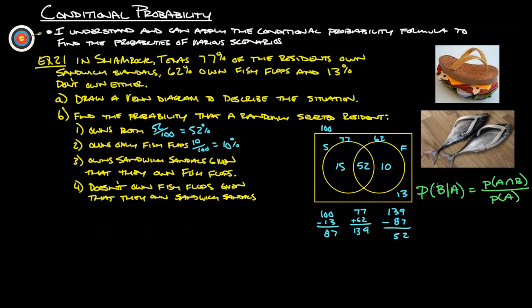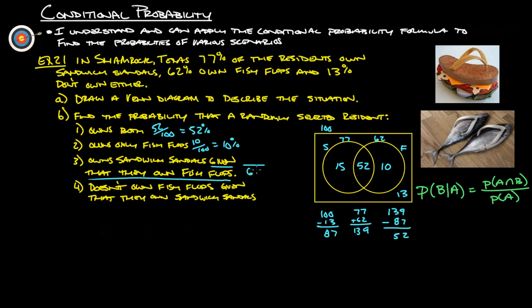Okay, and then now here's where we're getting into our conditional probability piece. Find the probability that a randomly selected resident owns sandwich sandals given that they own fish flops. So for this, here's the key: given that they own fish flops. So we're only selecting from this circle right here. This 15 and 13 over here we don't care about, because we're selecting from the people that own fish flops.